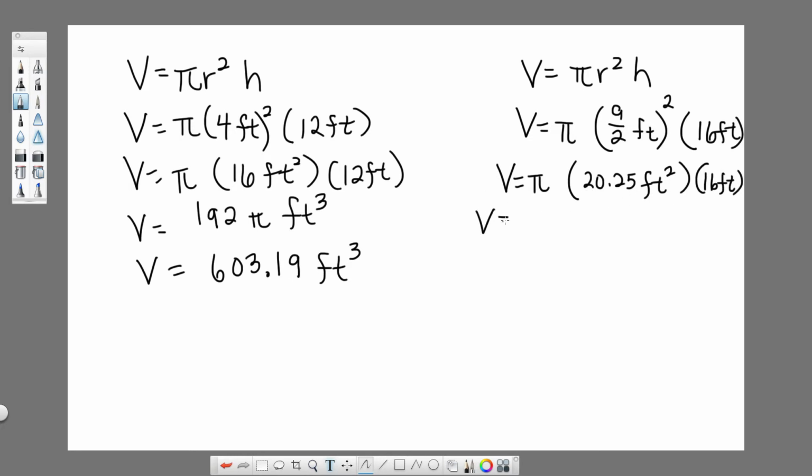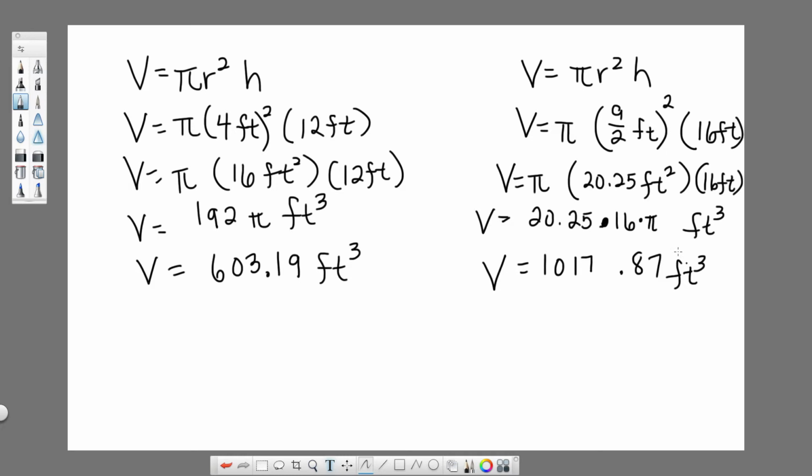So I get volume equals 20.25 times 16 times pi. My answer is going to be cubic feet. Punch it in my calculator, I get 1,017.87 cubic feet. And remember, if you use pi as 3.14, your answer will be close but not exact.